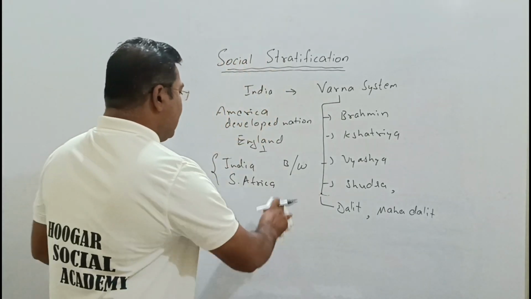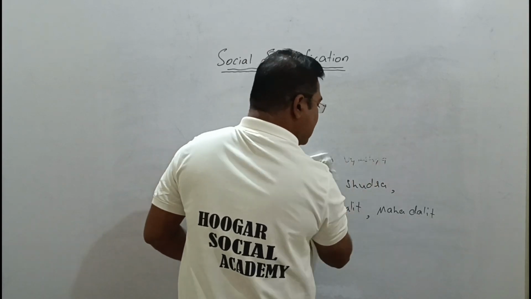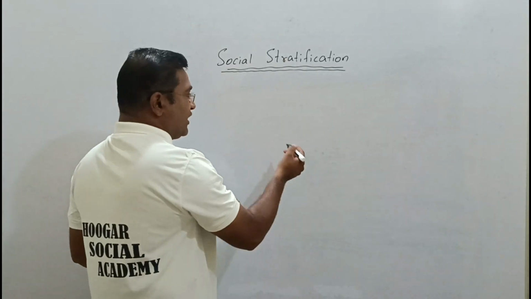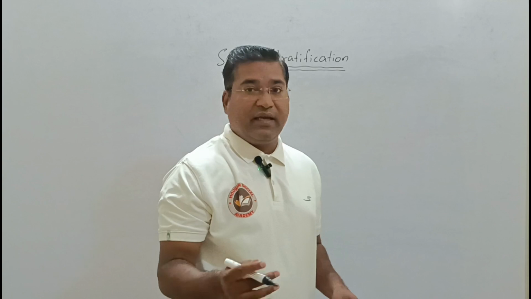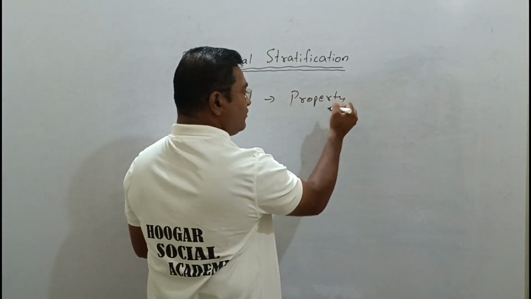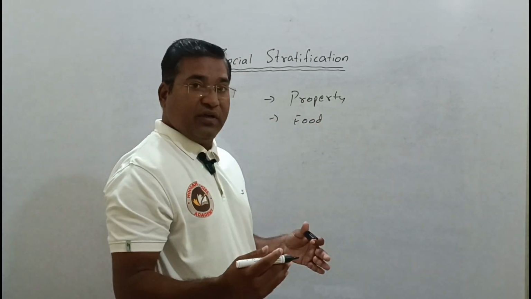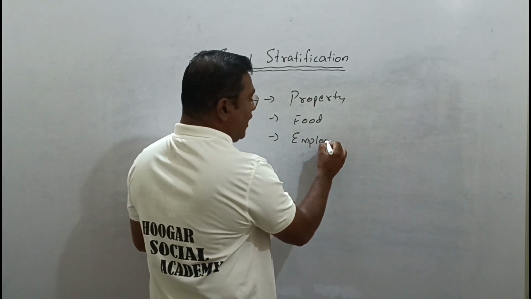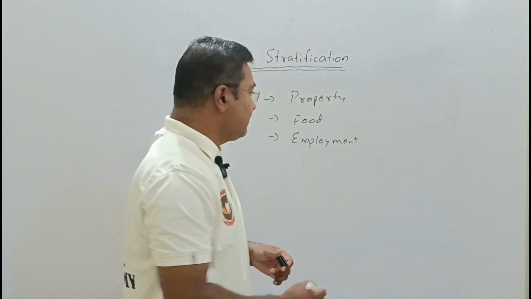This caused people who are referred to as lower class sections to be deprived. They do not have any sort of rights, like property. They can't enjoy good food like the higher section. They can't get employment opportunities as compared to the higher section.